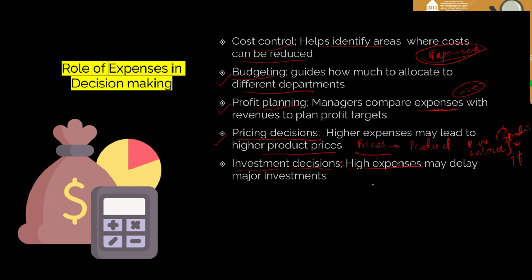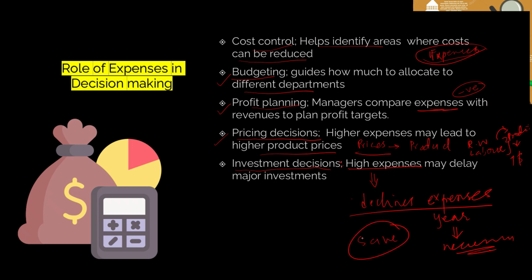So we need to decline our expenses once we become aware that this year or this month it is not necessary to incur this expense. This way we can save the income, and when we can save the income we can invest it somewhere.